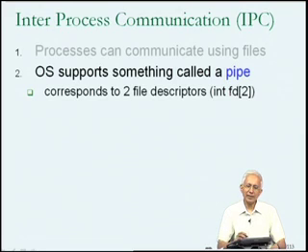In essence, what the pipe provides is two file descriptors. In other words, two mechanisms that could have been used to read and write into files, but rather than using them to read and write to files, it short circuits the mechanism, bypasses the disk, and directly does the communication through the operating system.